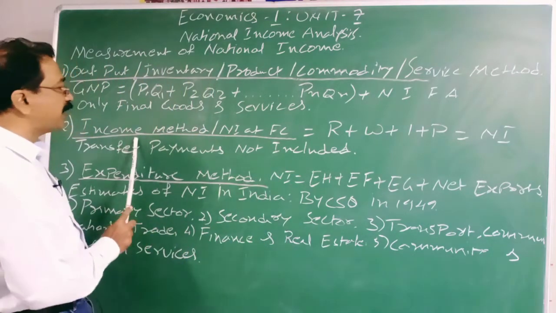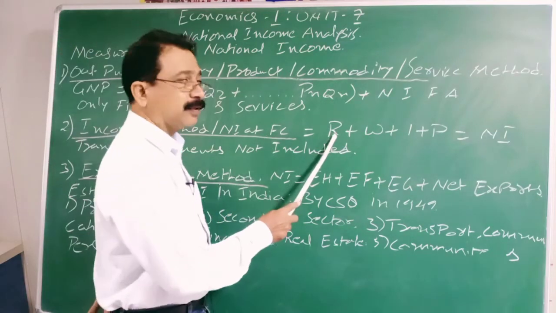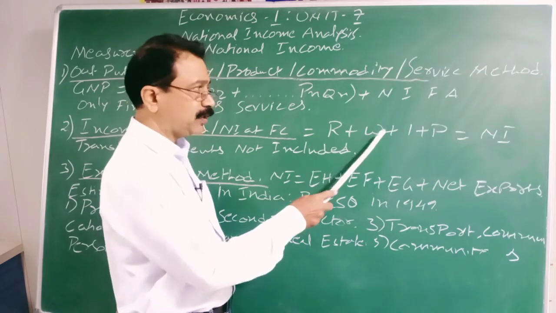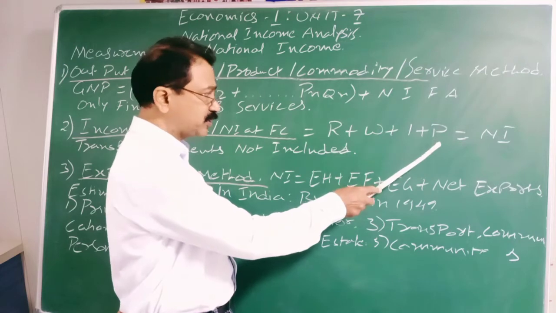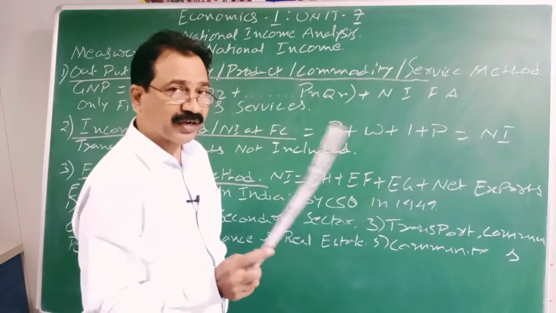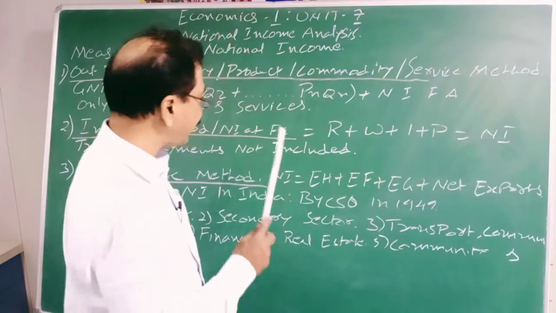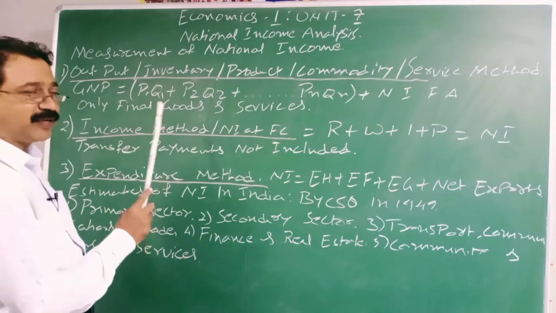Now see, in income method, we are calculating rent for land, wages for labor, interest for capital, profit for organizer. When you put together all these returns of 4 factors of production, then it is called as national income at factor cost. This is also one method of calculating the national income.